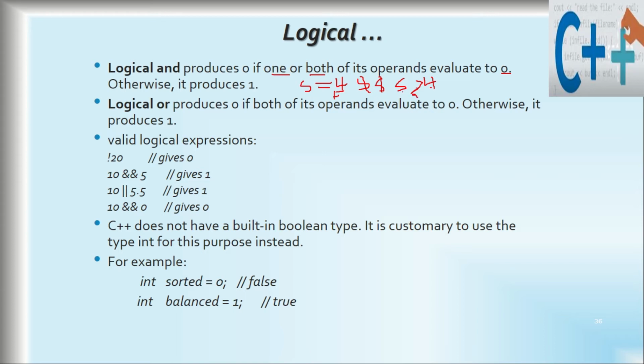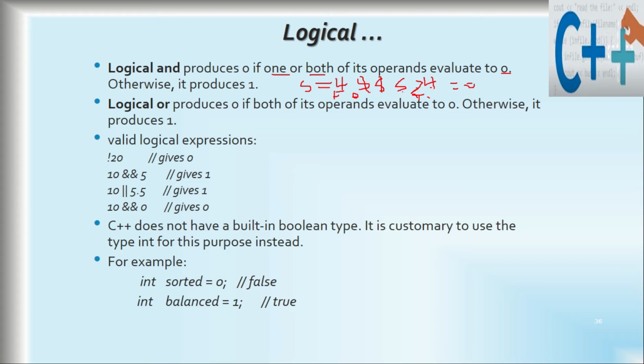False and true gives the output 0. So the logical AND operator is 1 when both operands are 1. Otherwise, its result is 0, or false.